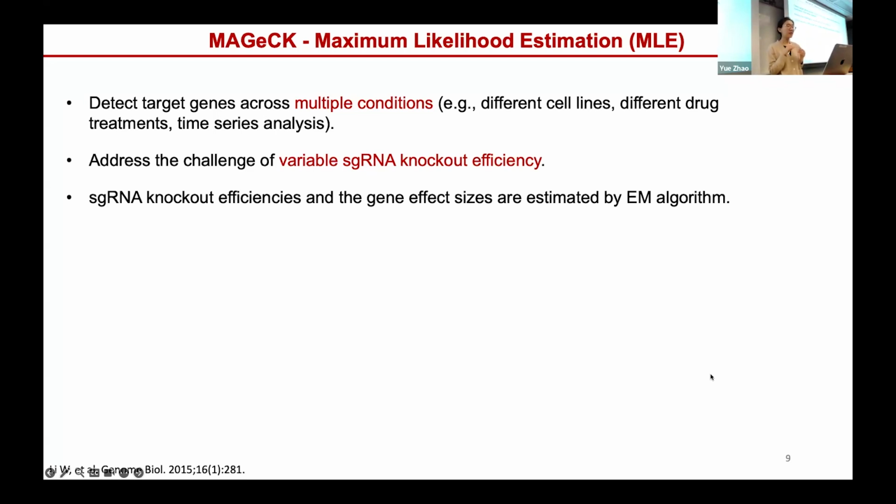The MAGeCK MLE mode improved on the RRA mode, so it can detect the target genes across multiple conditions, such as in different cancer cell lines, or different drug treatments, or different time points. And it also addressed the variability in the guide RNA knockout efficiency. So the knockout efficiency and the gene effect size can be estimated at the same time by the EM algorithm.